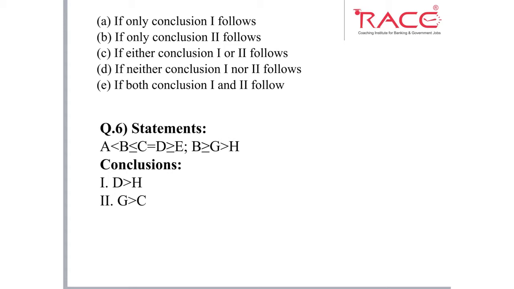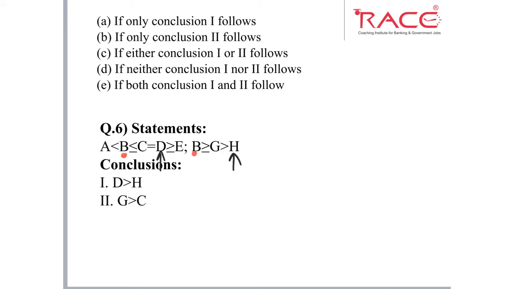Just check it. So first conclusion is D greater than H. So where is D? Here we have D, and where we have H? H in the second statement. So there must be one element which combines these two statements, and that element is B. Okay, B is the element which is combining both the statements. So we will rewrite this statement.